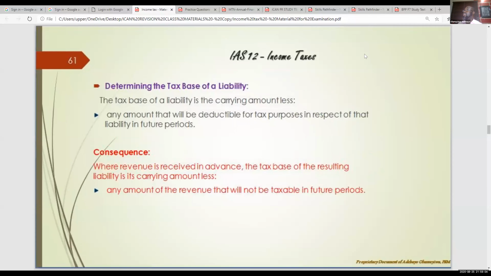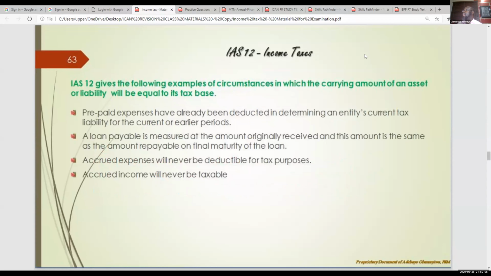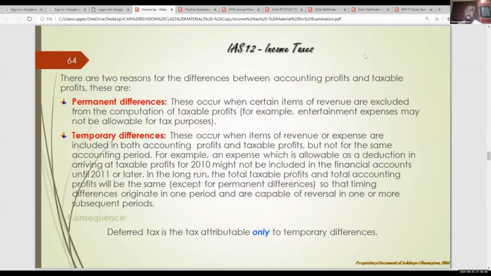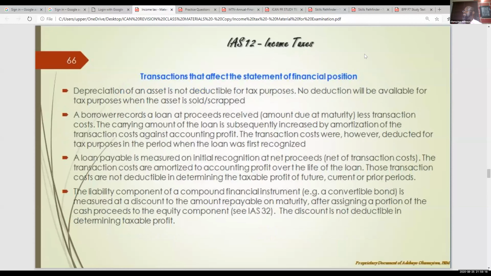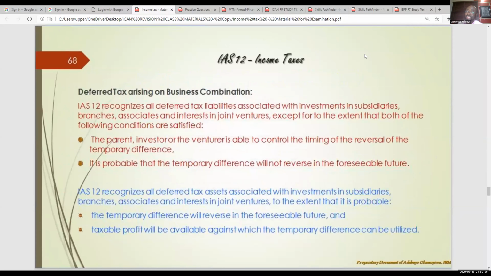I've also explained to you on Sunday the differences between permanent difference and temporary difference. And also we are going to look at deferred tax arising on business combination, just an introduction, because it's not necessarily in your syllabus. It's at corporate reporting level, which is final level, but you just need to have an idea about it.